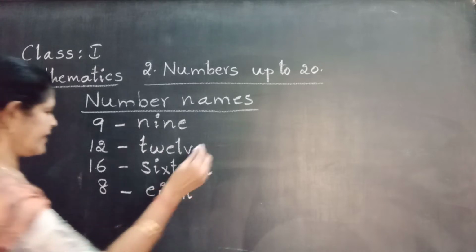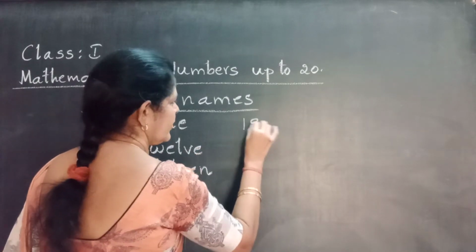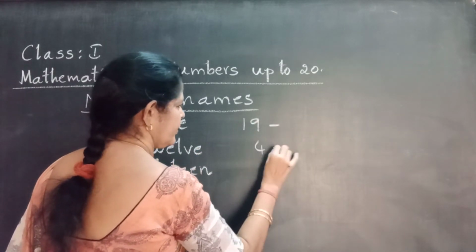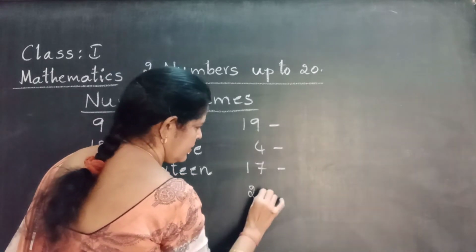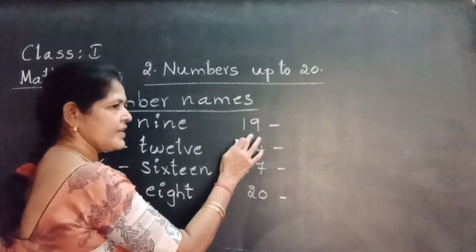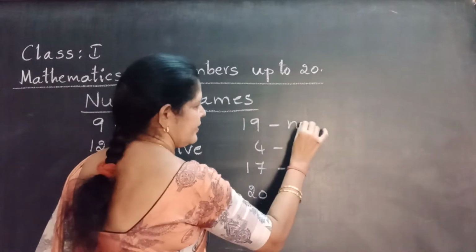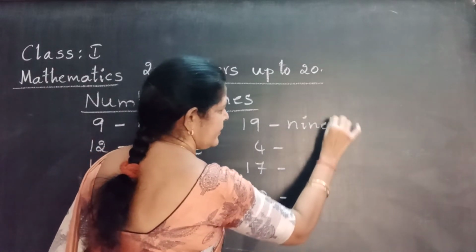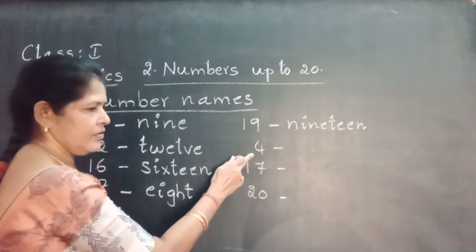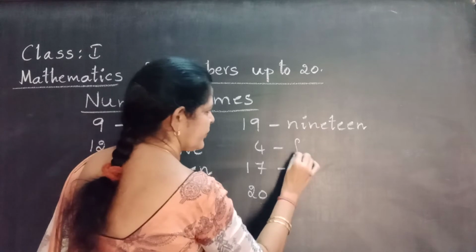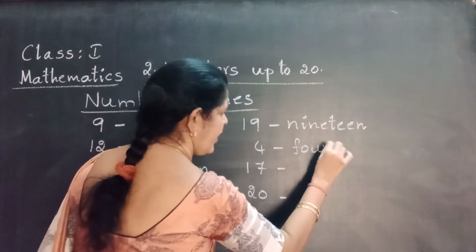Writing words. Next one. What is this number? Write the number name. What is it? 19. N-I-N-E-T-E-E-N. 19. Next, 4. F-O-U-R. 4.